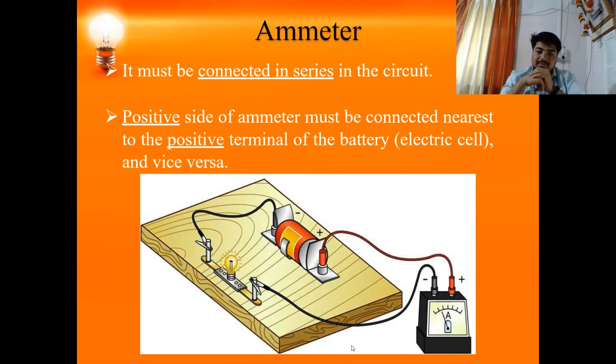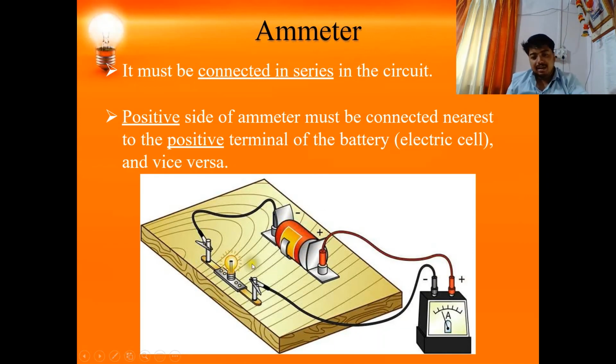Now ammeter, as I said, is connected in series to the given device. Now we have to study how much current is flowing through this wire. What we do is we connect the positive side of a battery to the positive terminal of the ammeter, and the negative terminal of the ammeter to a load. Currently we use a bulb as a load, and then the other terminal of the load is connected to the negative terminal of the battery.